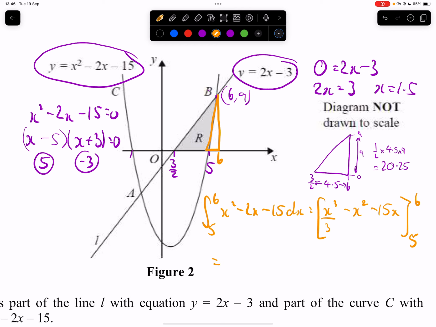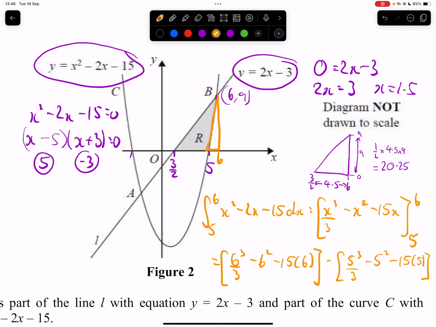So we need to calculate 6 cubed over 3 minus 6 squared minus 15 lots of 6. Not 3, sorry. These should all be 6's. Take away 5 cubed over 3, take 5 squared minus 15 lots of 5.